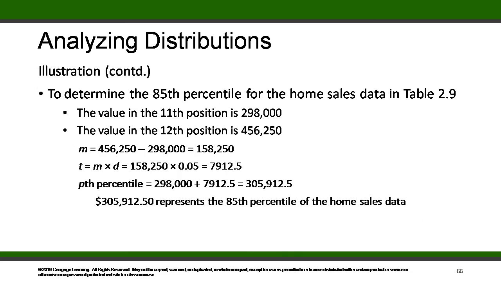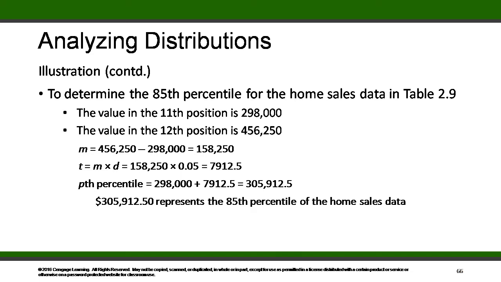To determine the 85th percentile for the home sales data in table 2.9, the value in the 11th position is 298,000. The value in the 12th position is 456,250. Then m equals 456,250 minus 298,000, which equals 158,250.